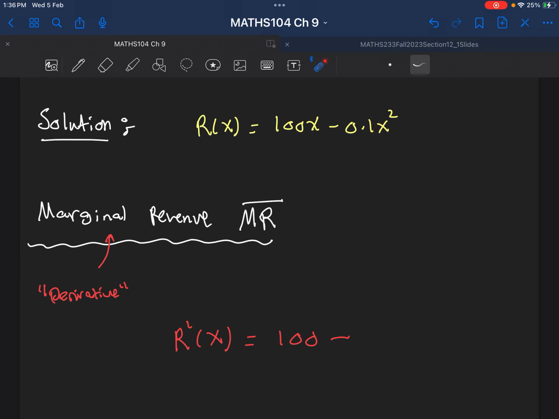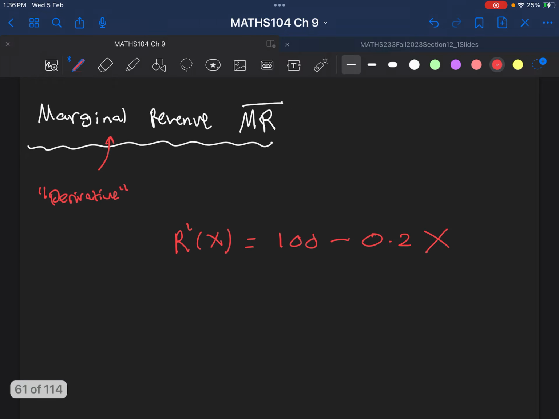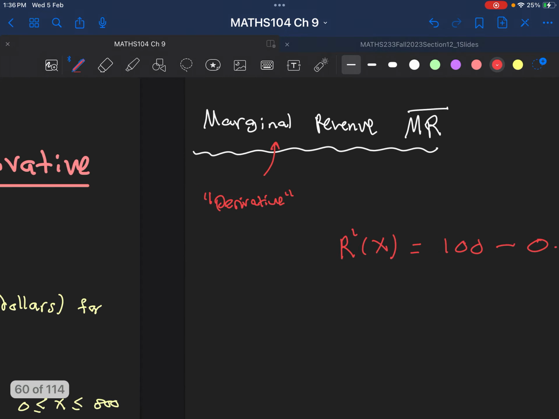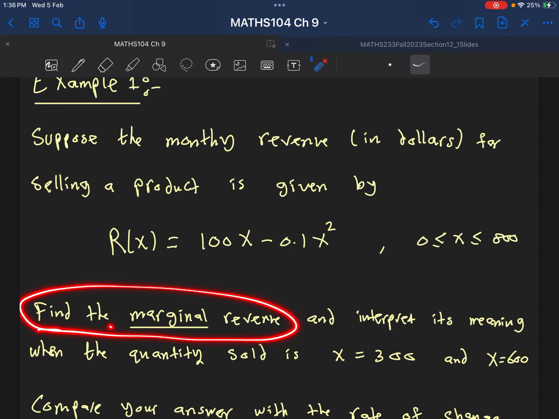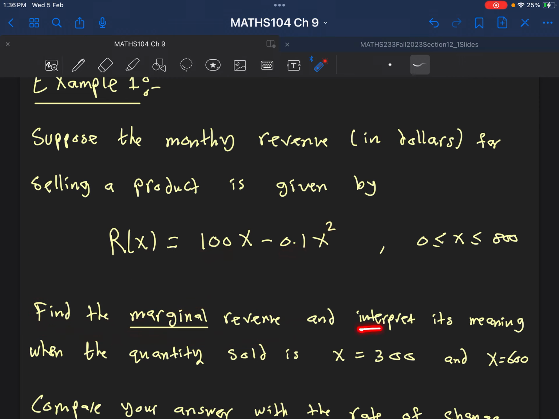Minus the derivative of x squared, which is 2x. So you multiply 2 by this number here, and we get 0.2x. This is the marginal revenue. So we finish the first part, which is to find the marginal revenue. Just the derivative, 100 minus 2 times 0.1x.